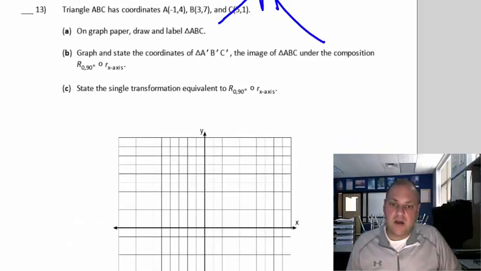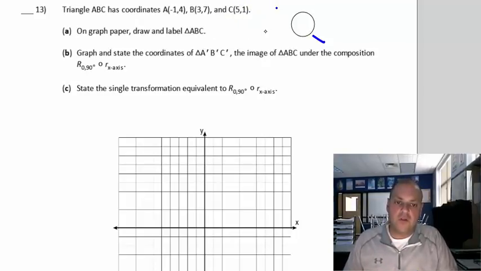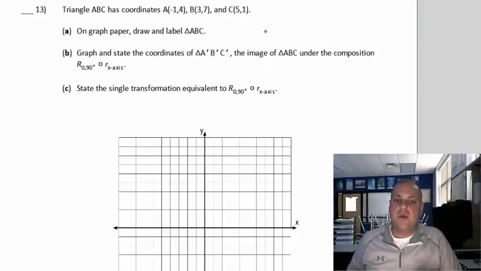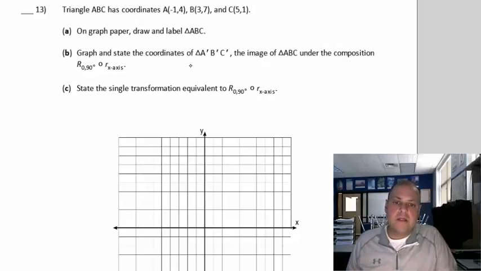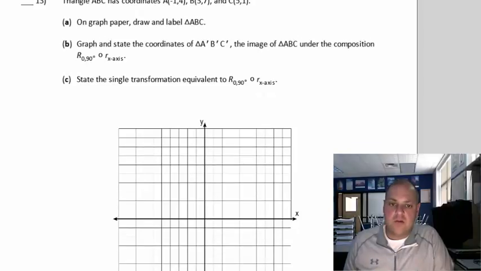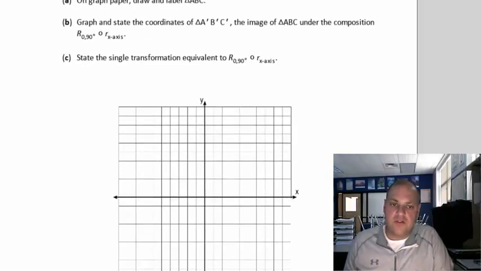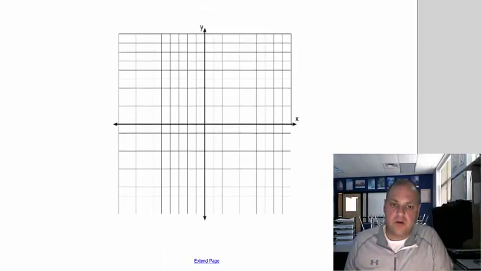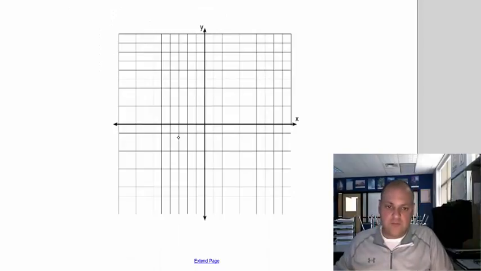And then 13, last one here. Triangle ABC has coordinates -1, 4, 3, 7, and 5, 1. So we're going to graph that. You would just put this on your graph. Okay. So -1, 4, 3, 7, and 5, 1. Negative 1, 4.